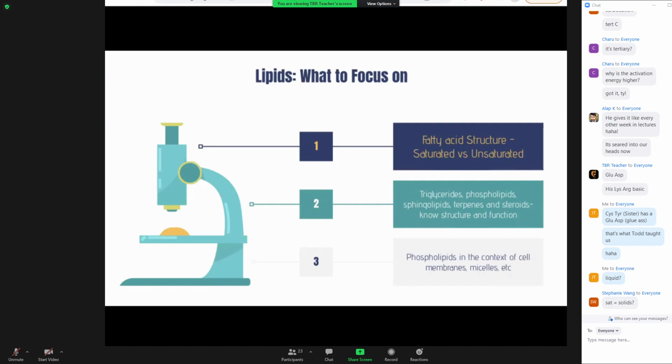Amphoteric is a molecule that can be either an acid or a base, whereas amphipathic refers to the fact that it has polar and nonpolar character. So what makes phospholipids so important in our bodies and in biology is that they have both that polar head and that nonpolar chain, and they can form membranes, micelles, etc.